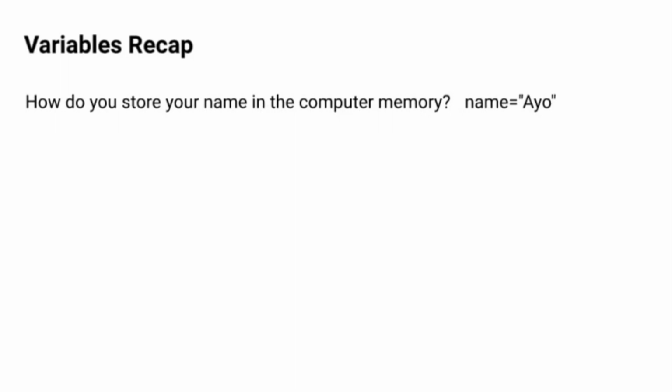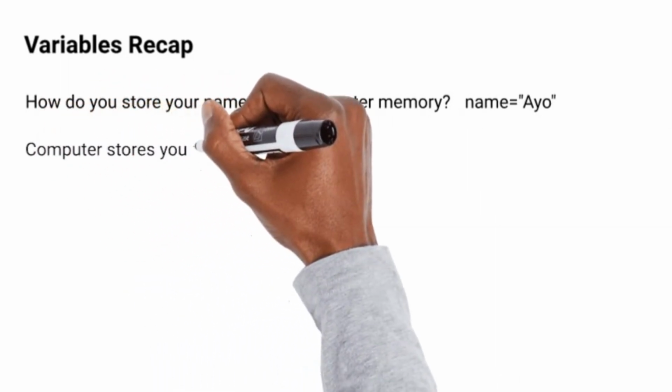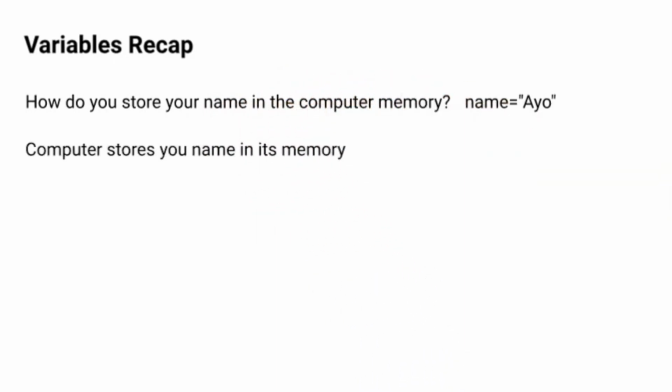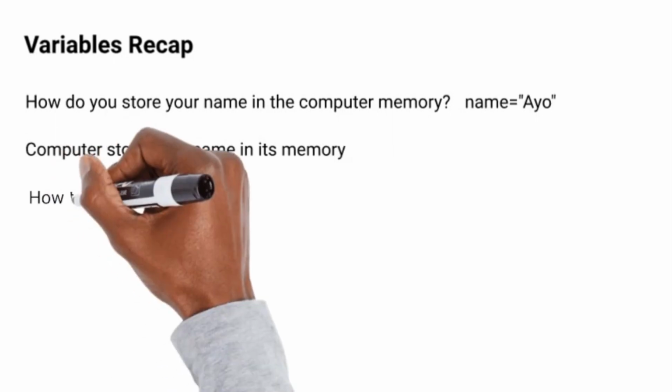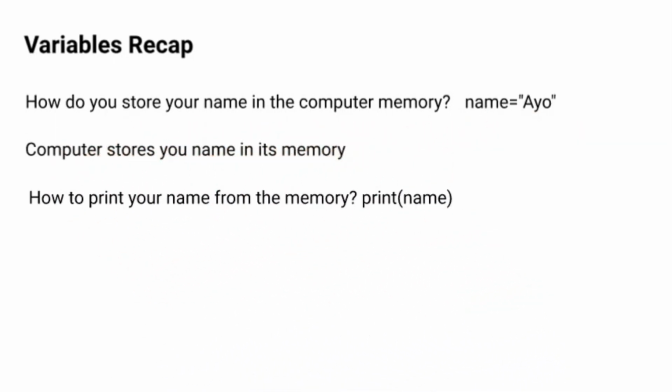So that is very good. Once you do that, the computer is going to have your name. It will store it in memory, just like you store your books on shelves. You can print your name, you can use your name for calculations and all of that.